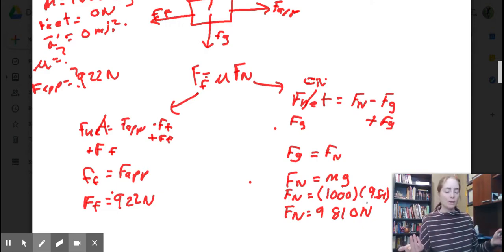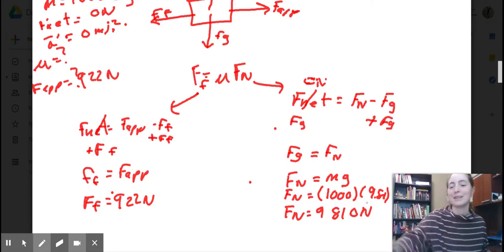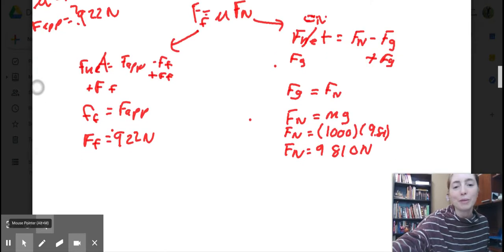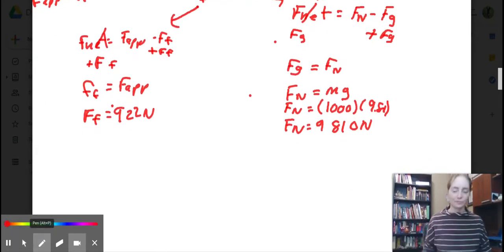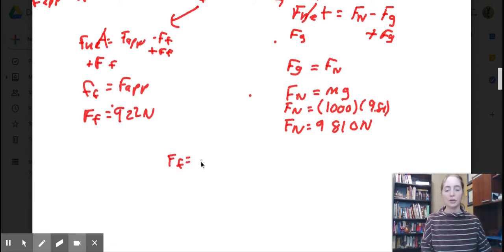So, well, now, ladies and gentlemen, we have force of friction and we have normal force. We can now reorganize our equation in order to isolate mu. So I'm going to scroll down a bit so I've got some more space to write. My force of friction is going to equal mu Fn. And I'm going to try to get that mu by itself. So I'm going to divide out Fn on both sides, so that way that cancels.